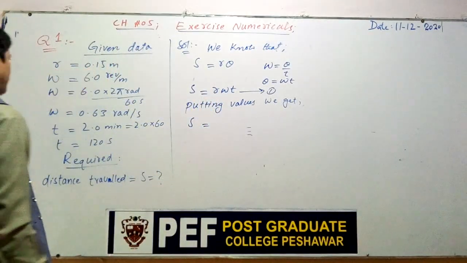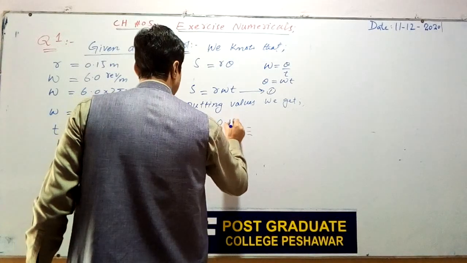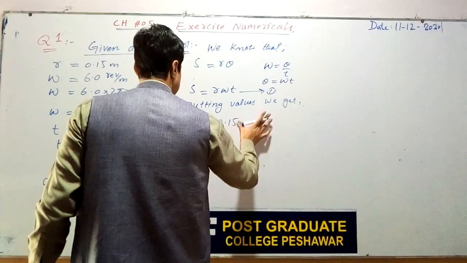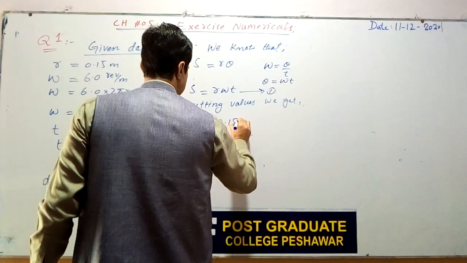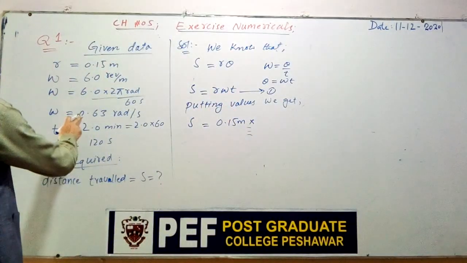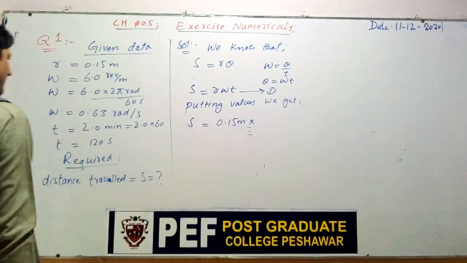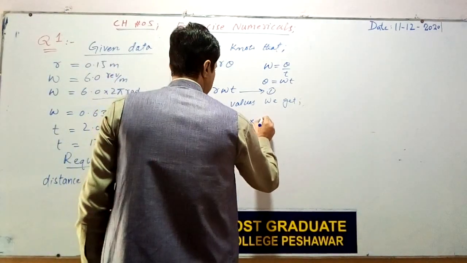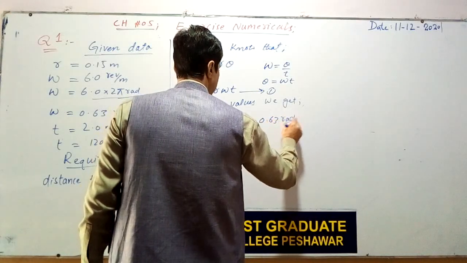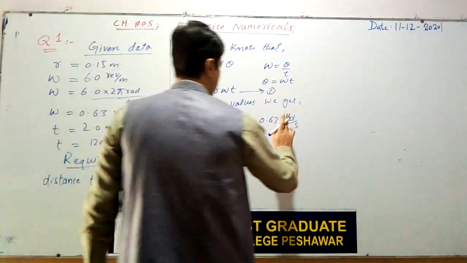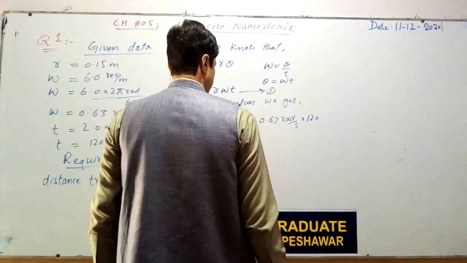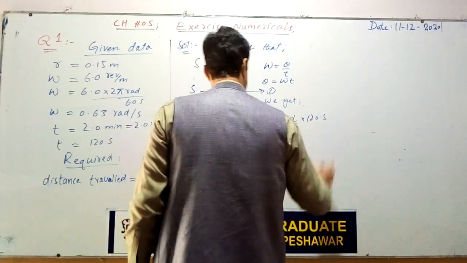Here 0.15 meter. What is the value of omega? Omega in radian per second is 0.63 radian per second. And what is the value of time t? It is equal to 120 second.